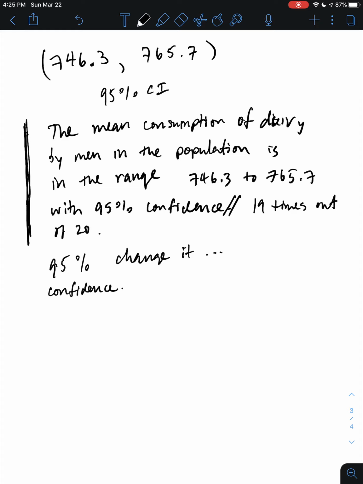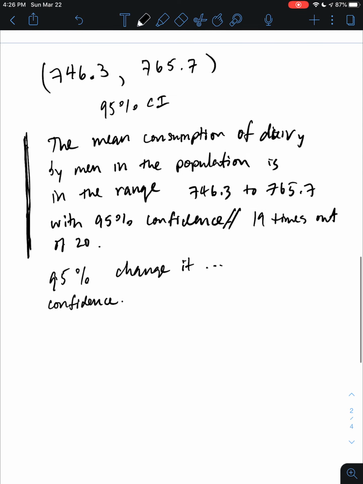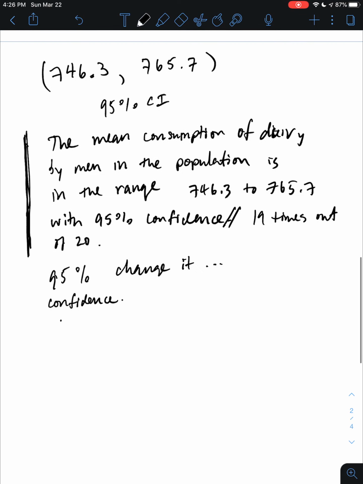And what we're going to talk about is 1 minus 95%, a number that we're going to call alpha. In this case, alpha is 5%.